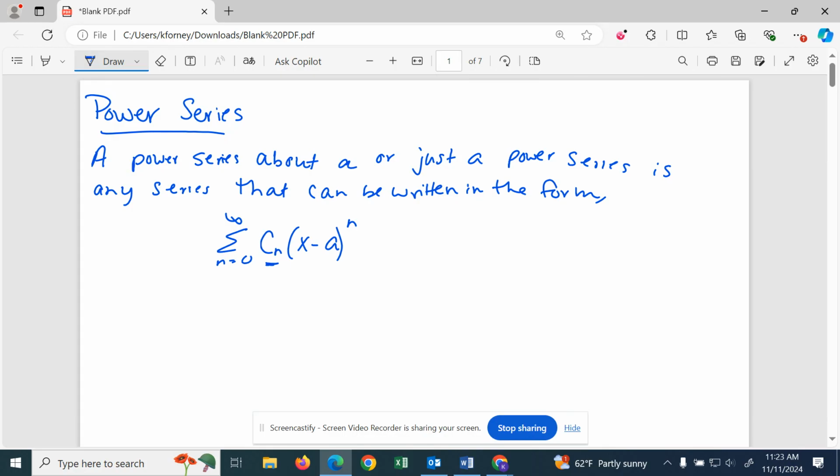The first thing we notice about a power series is that it is a function of x. That is different from other series that we've looked at to this point. In all the prior sections, we've only allowed numbers in the series, and now we are allowing variables to be in the series as well. This will not change how things work. Everything that we know about series is still true.